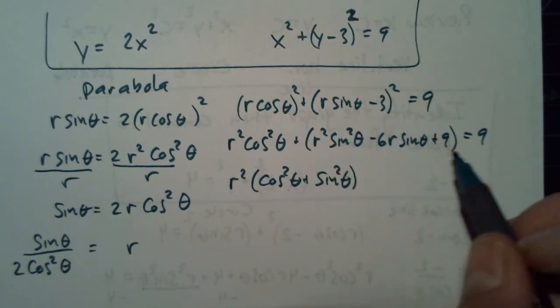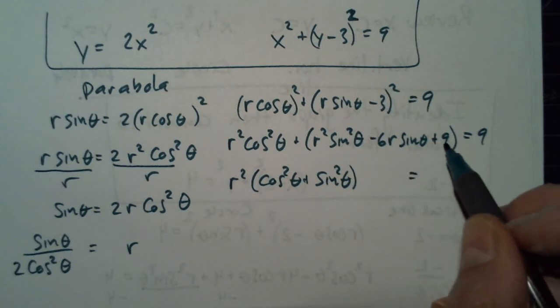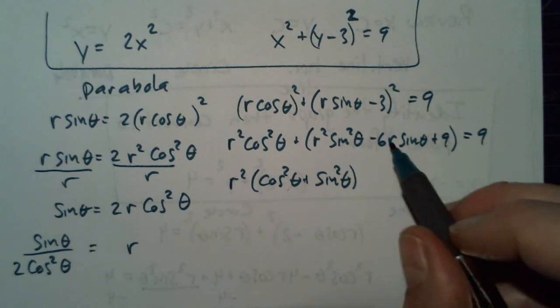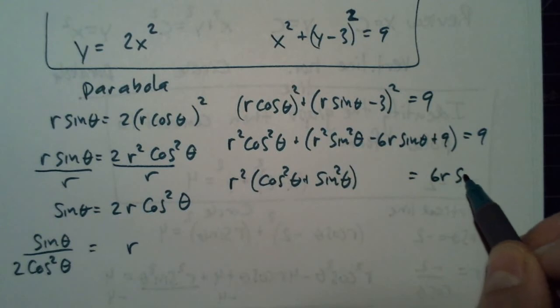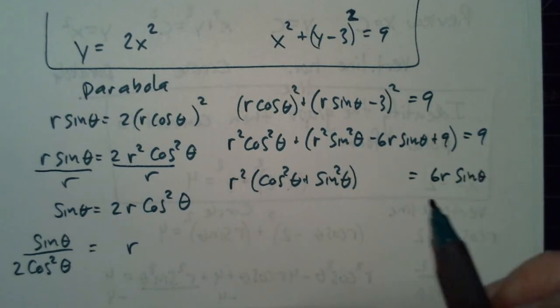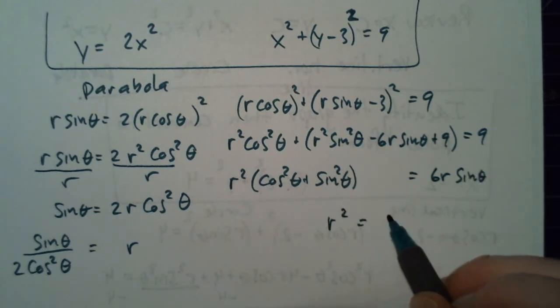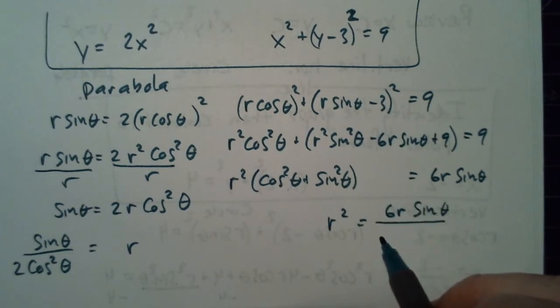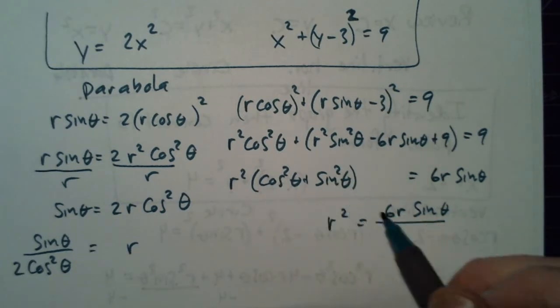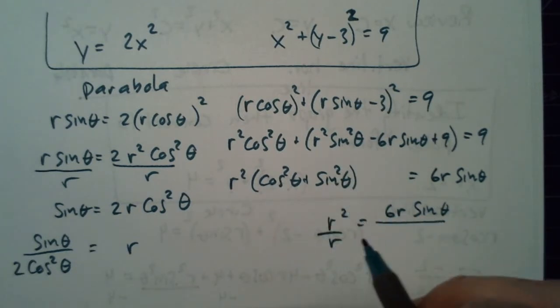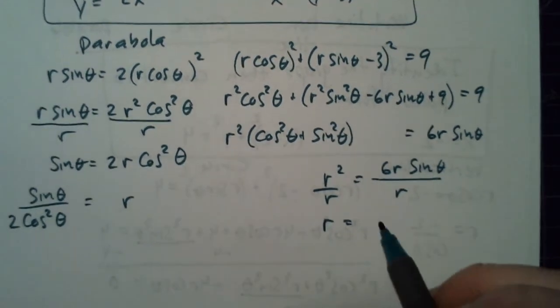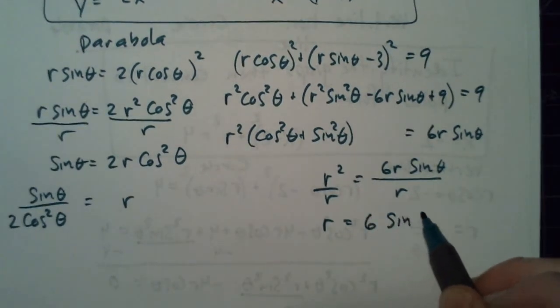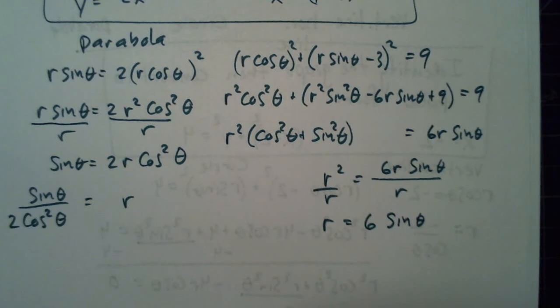And let's just move this over. So that'll be 9. 9 minus 9 is 0, and then we're going to add the 6r sine theta. 6r sine theta over nothing. Well, that's 1 there, so why don't we just divide by r, and we get 6 sine theta, which is the equation of a circle in polar form.